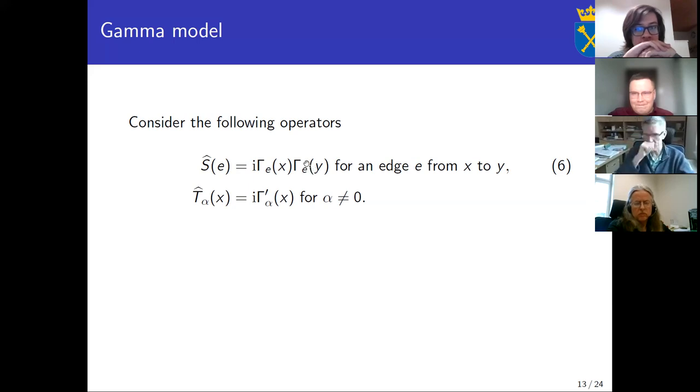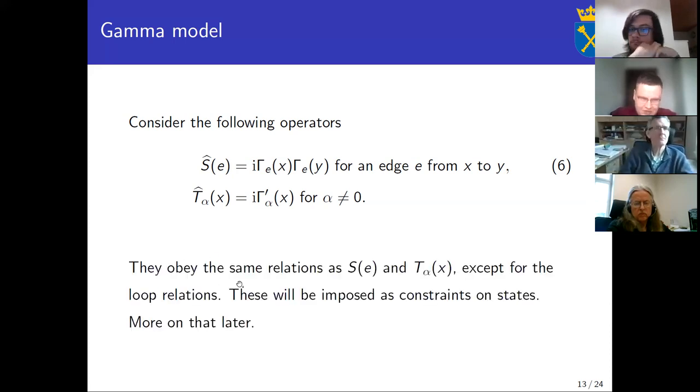So this is the definition, and this T alpha hat is which? T alpha was psi-0 of X times psi alpha of X, a product of two fermions at the same lattice site, and this will correspond just to this gamma prime with an index alpha.